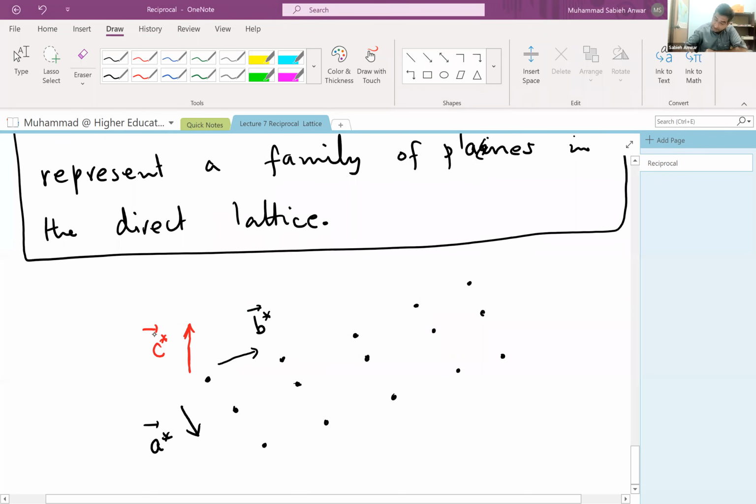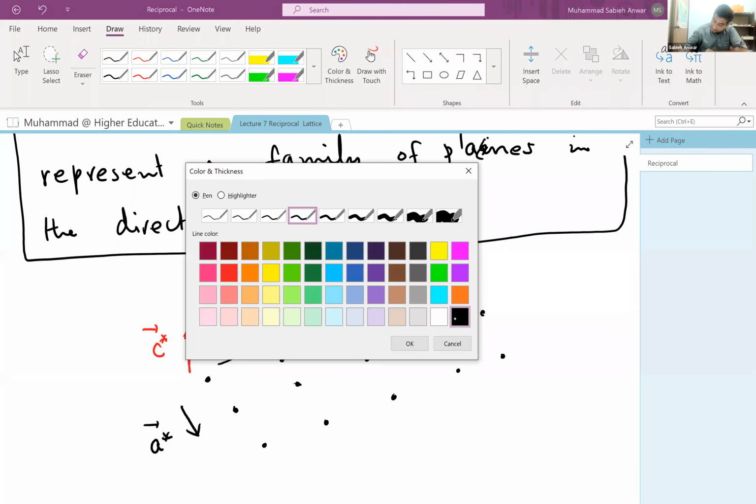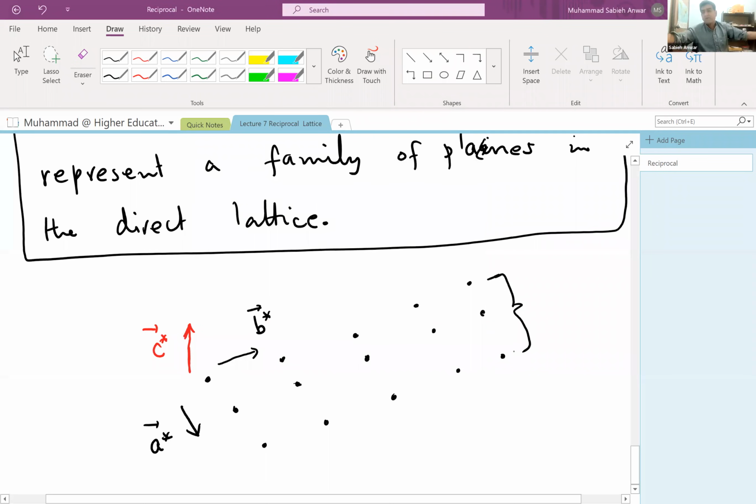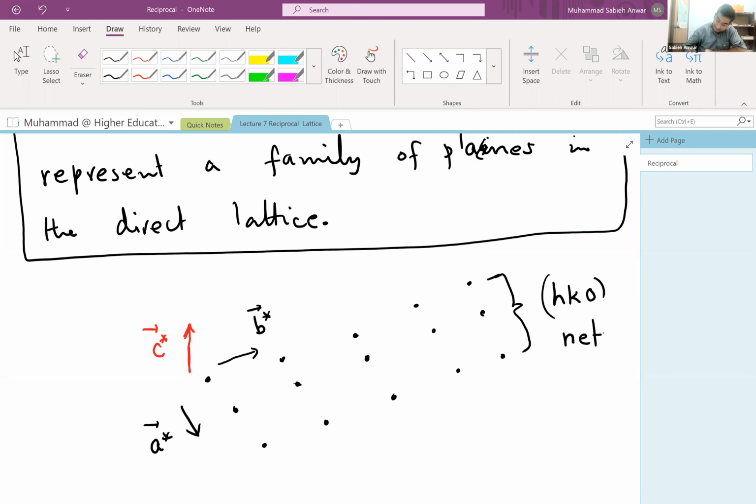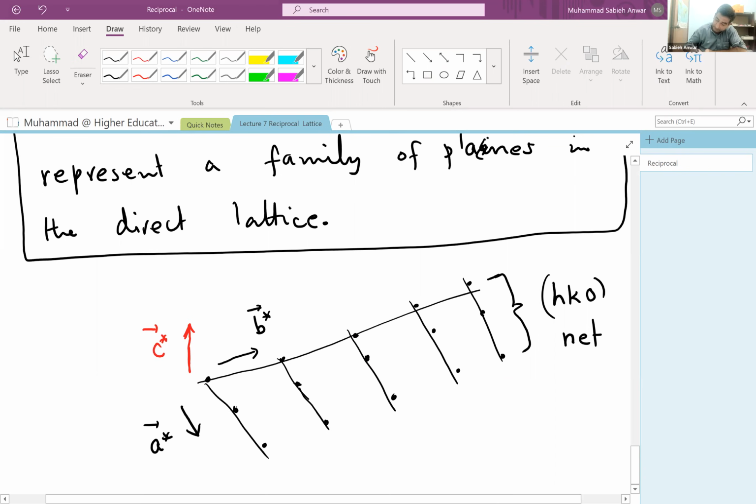So this entire set of points is lying in a plane. And these points represent the planes HKL, with L equals 0. So this is called the HK0 net of points in the reciprocal space. But above this plane, there is going to be another set. So for the sake of visual appeal, let's draw lines or grids between these points.